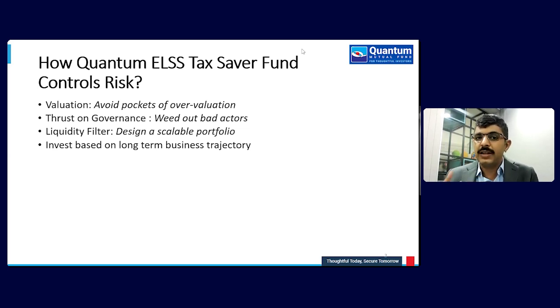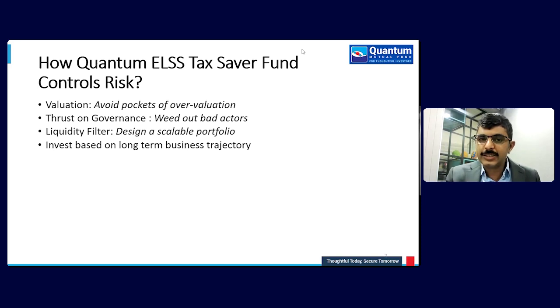The second important pillar on which the fund is built is its trust in governance. With decades of experience in the market, we have instituted an integrity filter which weeds out all the bad actors.